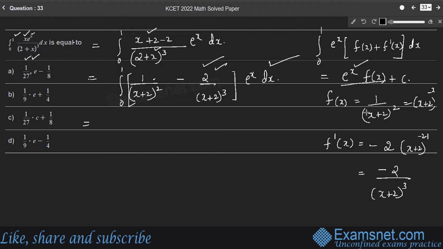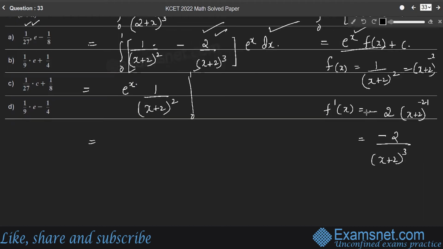So what is e raised to x? e raised to x will be as it is. So f of x means 1 by (x plus 2) square, plus c, here within the limits 0 to 1. So substitute the values: first the upper limit, which is 1.